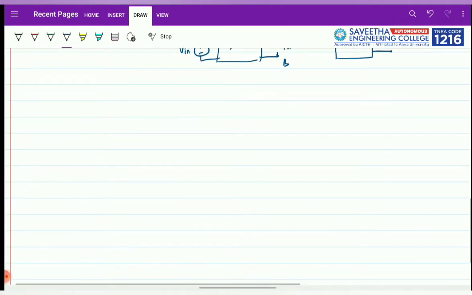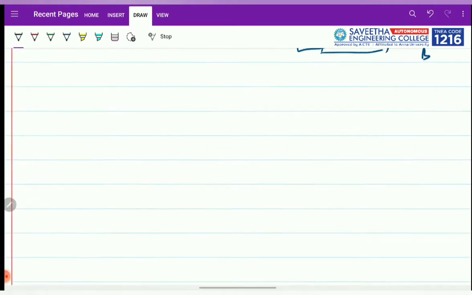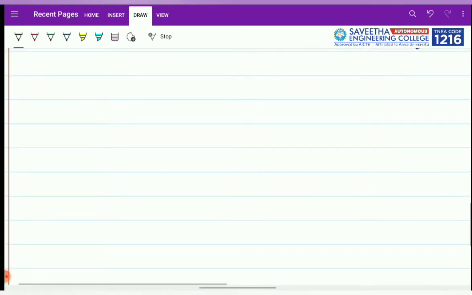We will solve a small problem so that you can understand how the Thevenin equivalent circuits are found. Right.